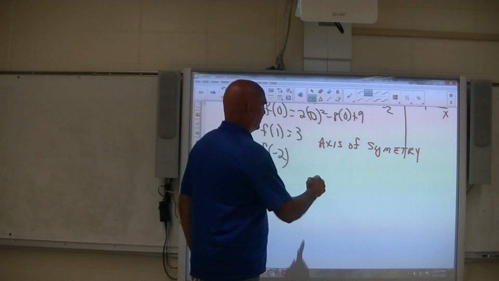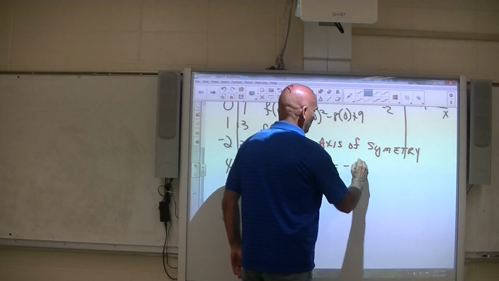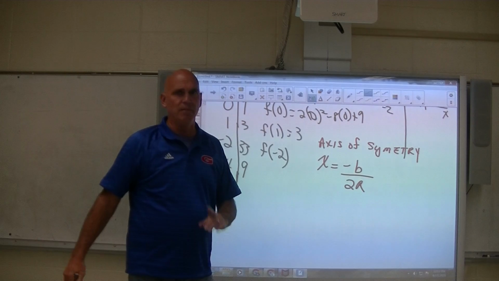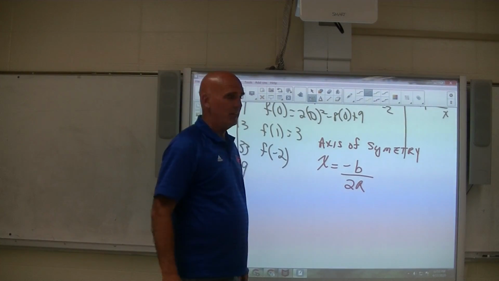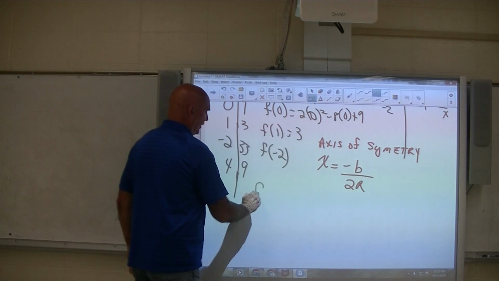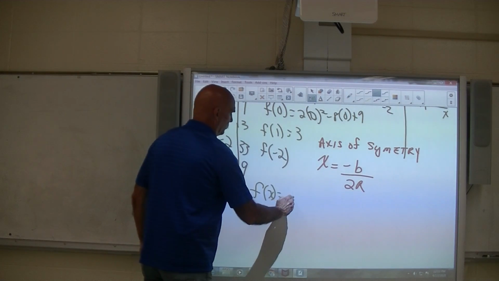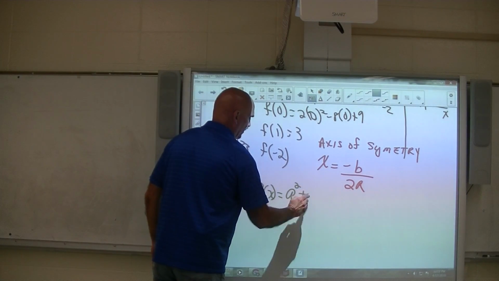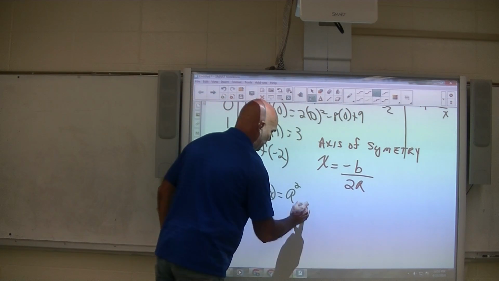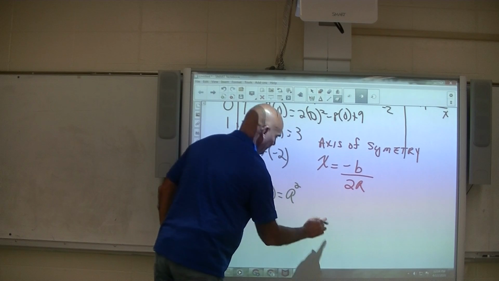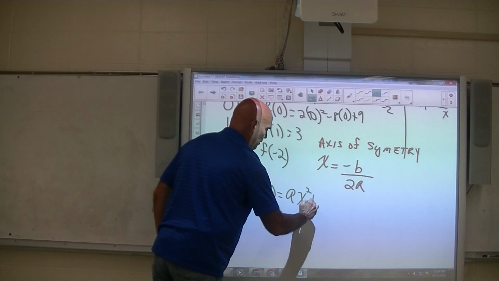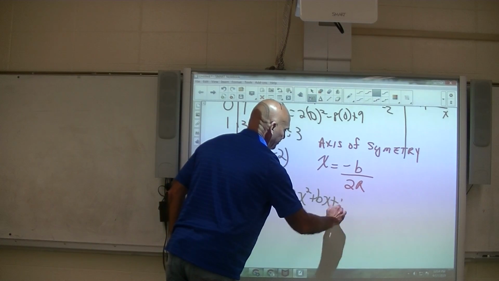To find the axis of symmetry, it falls into this formula. Negative b over 2a, all right? What's a and b? Let's go back to the general form for the equation of a parabola, f of x is equal to ax squared plus bx plus c.